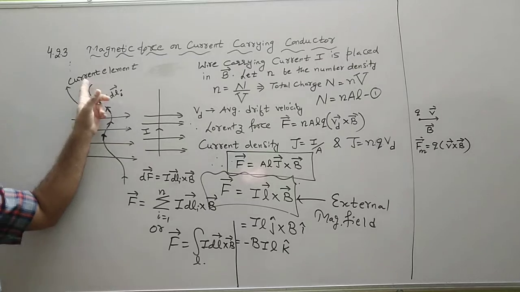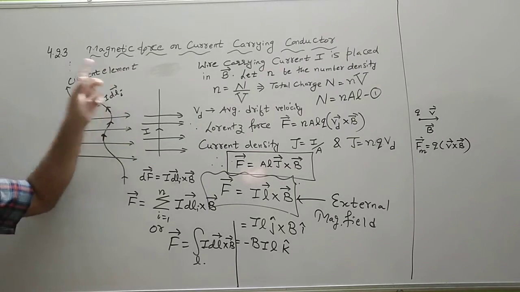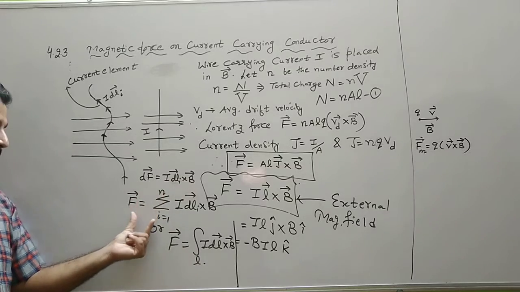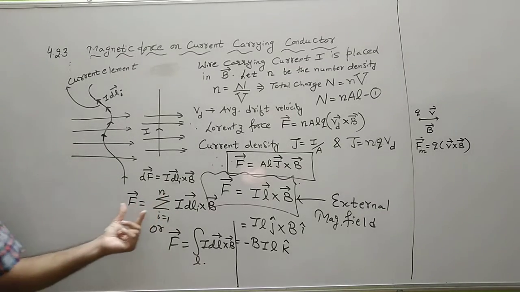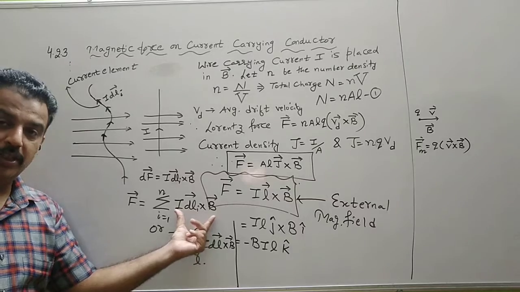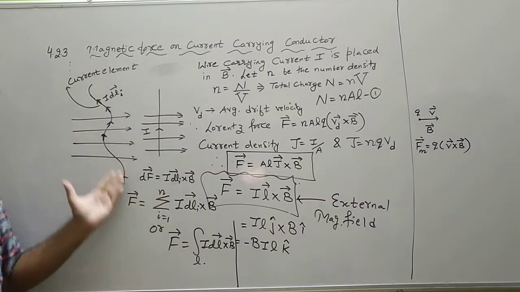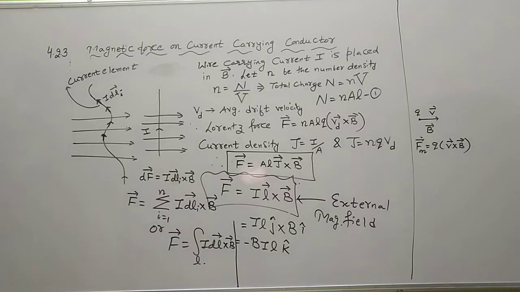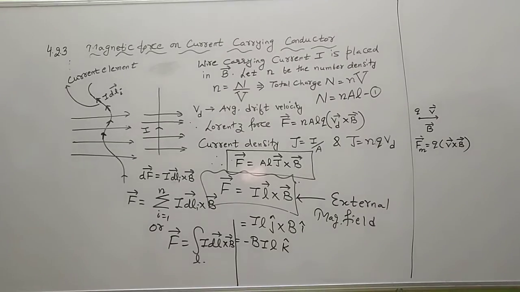Each element will be referred to as a current element. We find the force on a small current element. If the number of current elements is n, I can do a summation, or if the elements are infinite, then that summation is converted into an integration, which will give us the total magnetic force on a current carrying conductor.